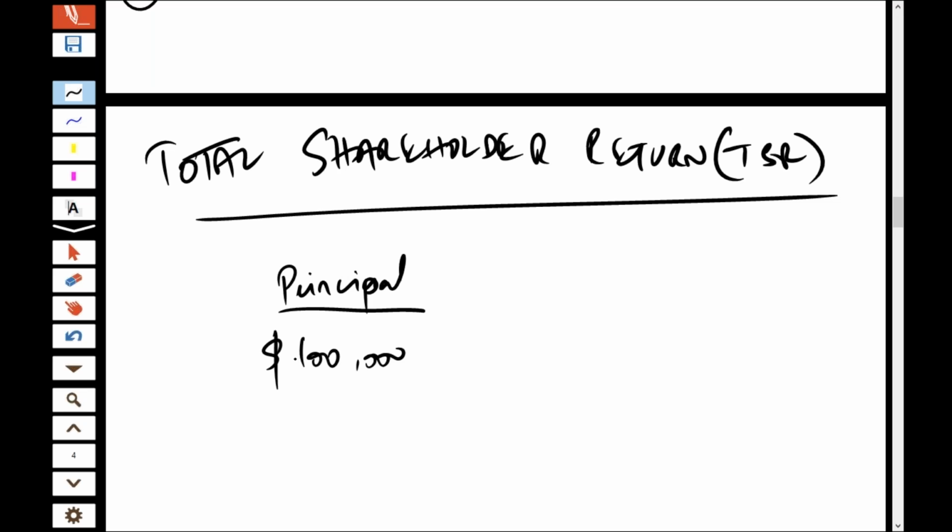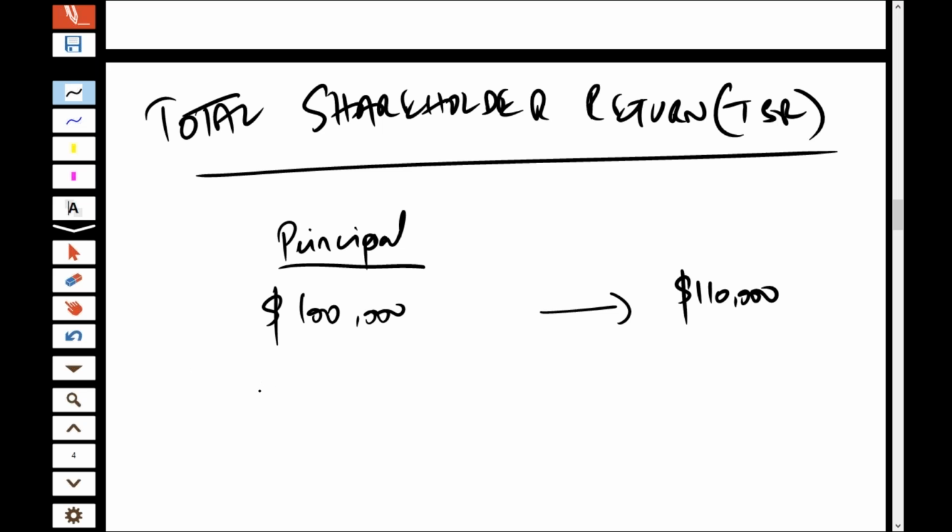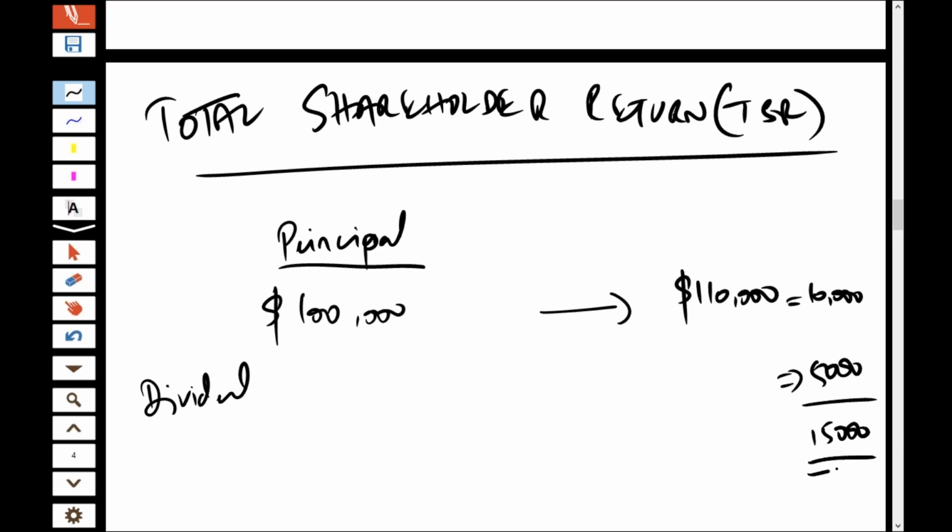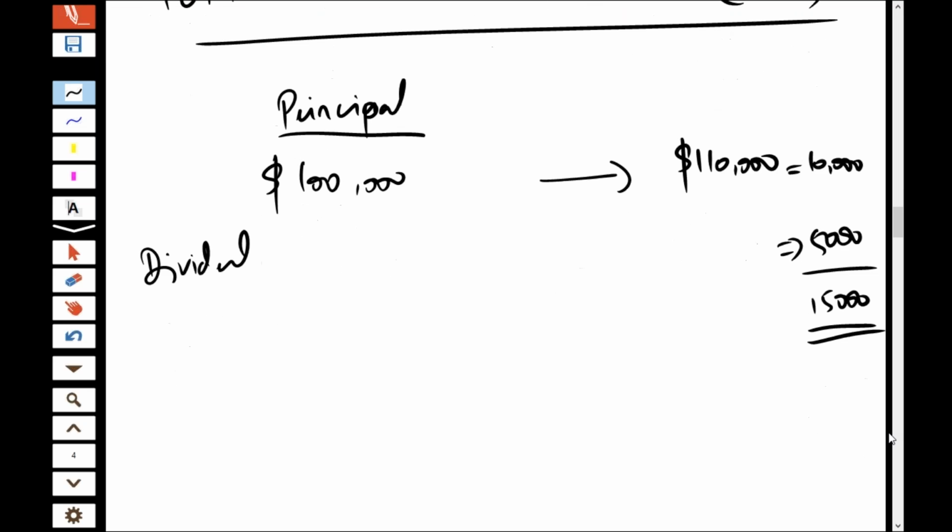Let's say you purchase them for $100,000. At the end of the year, the value of these shares has become $110,000. Similarly, there is a dividend which is being paid by the entity, and the dividends being paid are $5,000. So resultingly, an investor is getting $15,000.